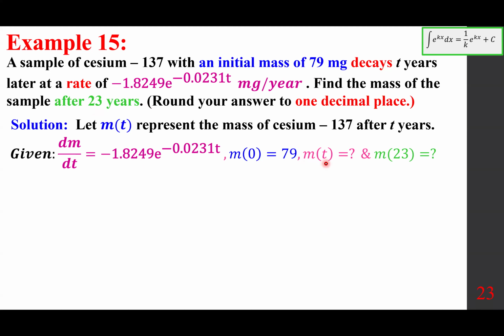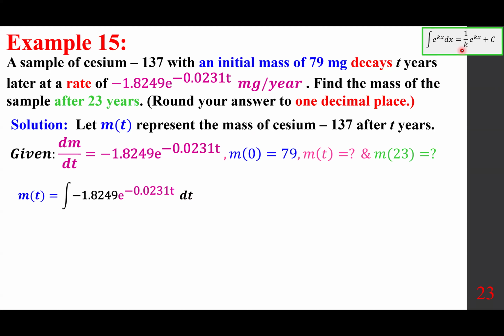So what is m of t? If you put this here, dt, and integrate, it becomes m of t. So I hope you recognize m of t is this thing times dt. Okay, everybody? Now, again, remember how you differentiate e to the power of kx: you multiply by k.